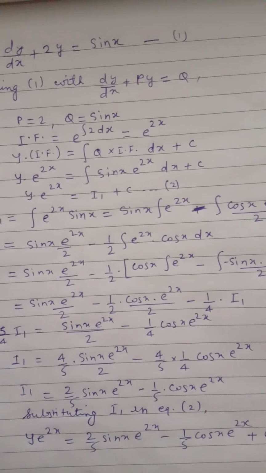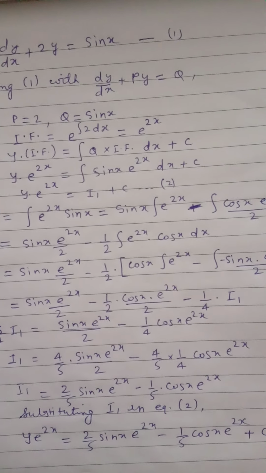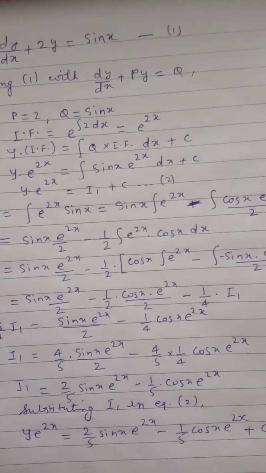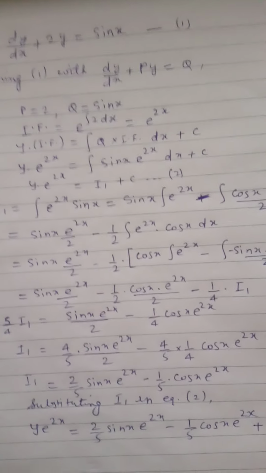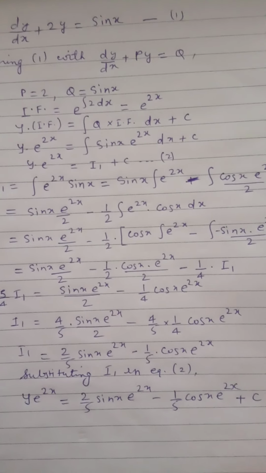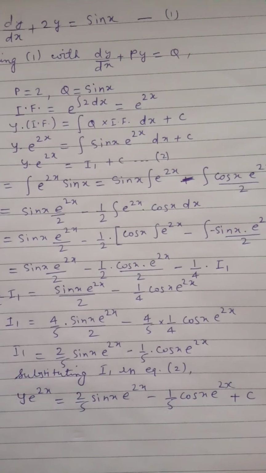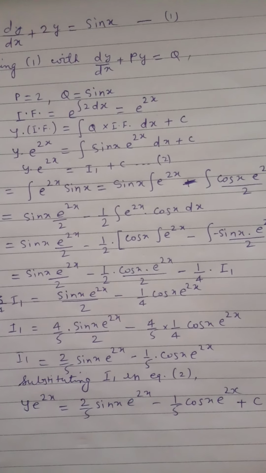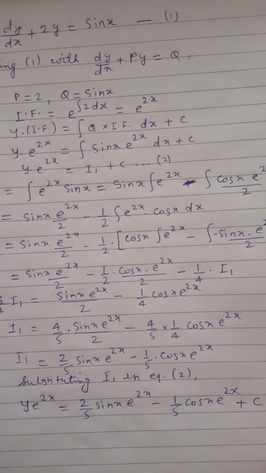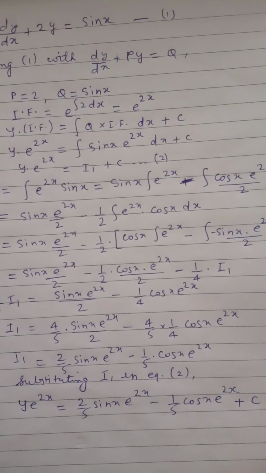Now I1 is equal to 4 upon 5 sin x e raised to 2x upon 2 minus 4 upon 5 into 1 upon 4 cos x e raised to 2x. So I1 is equal to 2 upon 5 sin x into e raised to 2x minus 1 upon 5 cos x e raised to 2x.